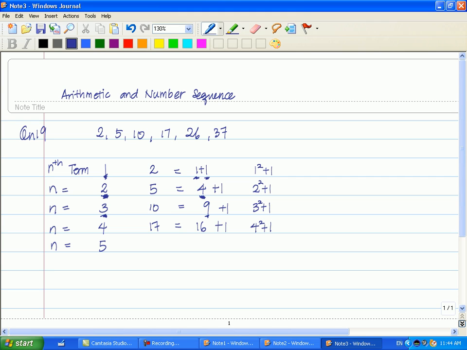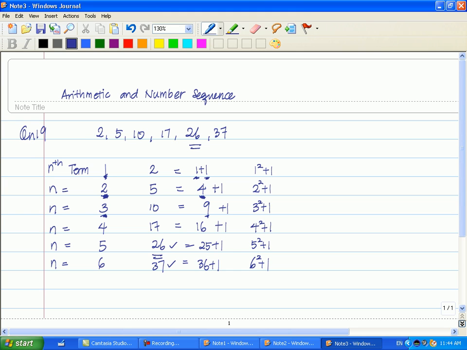According to my theory now, I should have 5 squared plus 1, which gives me 25 plus 1, which gives me 26, which is correct. Hence, let us test one more. When n equals 6, I have 6 squared plus 1, which is 36 plus 1, and that gives me the number 37, which is correct again.